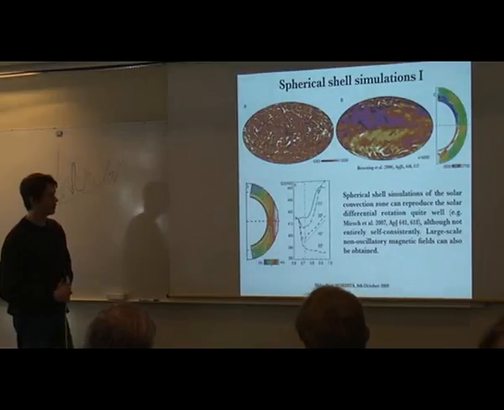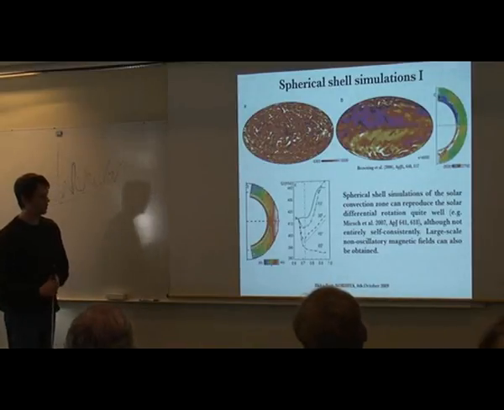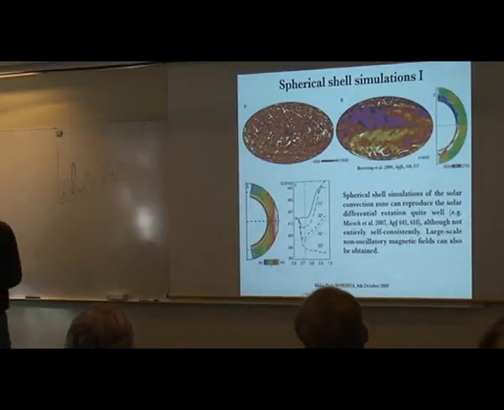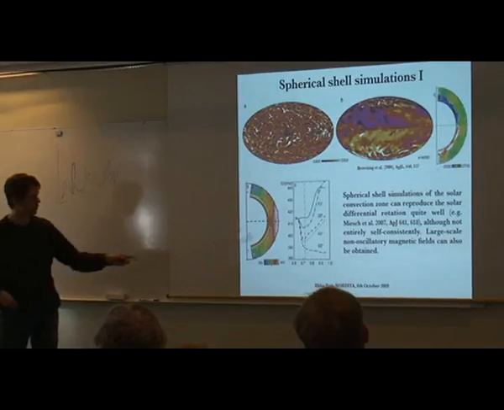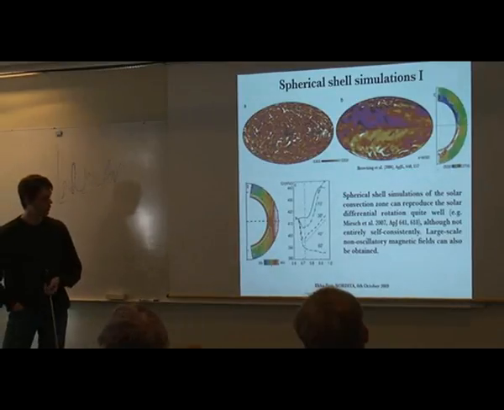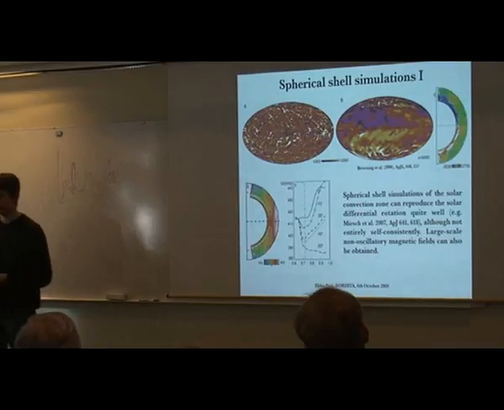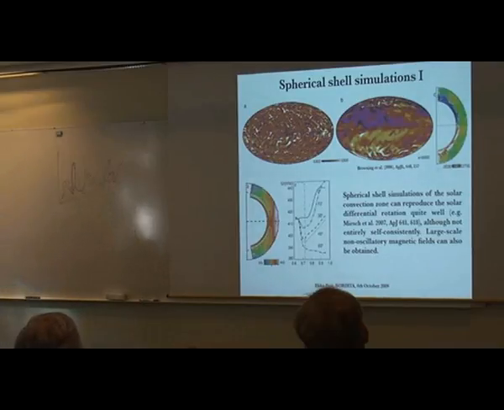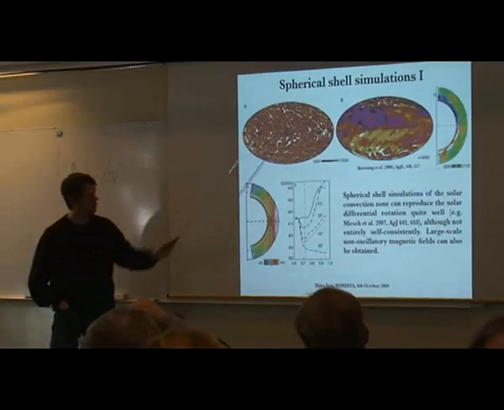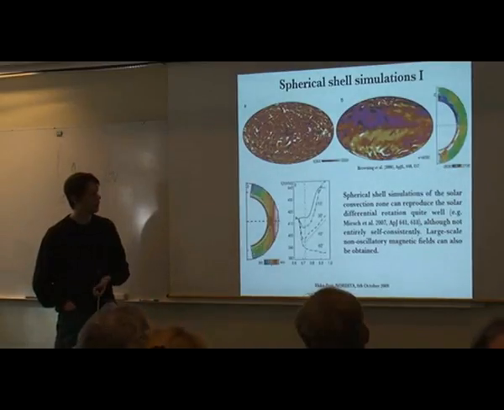And these models are fairly advanced now, so they can reproduce the helioseismic rotation profile, at least in many details, although they have to do some tricks to get it right, to impose some kind of latitude-dependent entropy gradient at the base and stuff like that. And this is the magnetic field near the top and then in the overshoot layer.